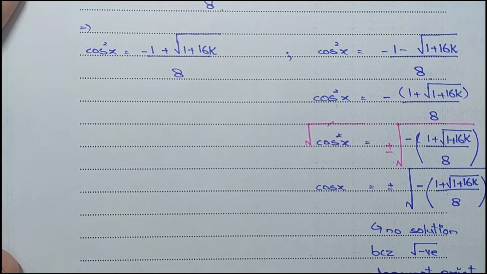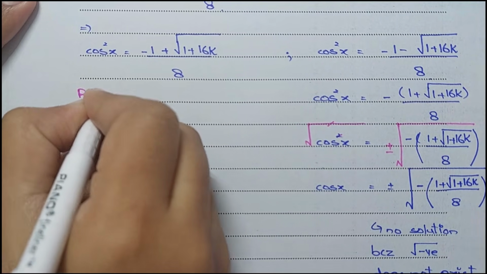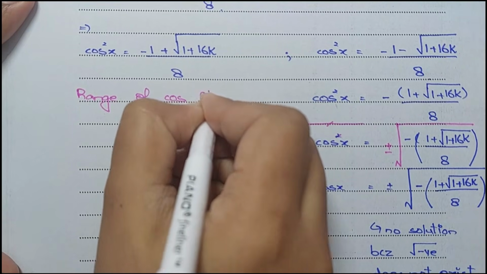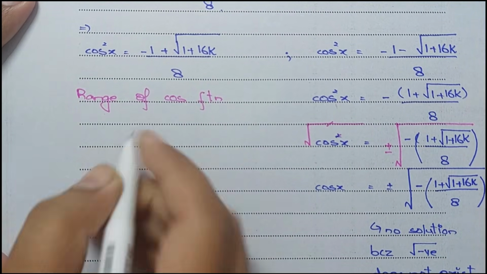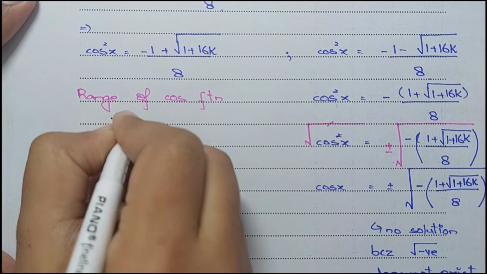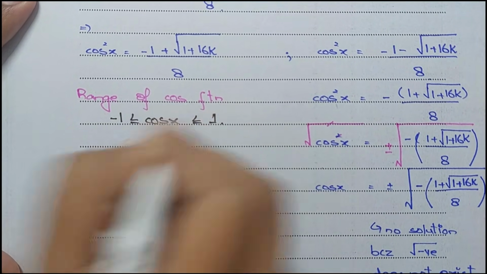Okay, so as we know that the range of cos function is, we can say minus 1 is less than equals to cos x is less than equals to 1.